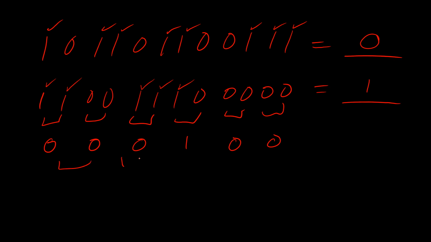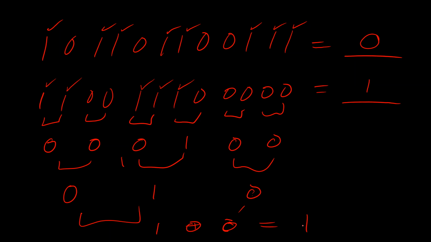Pair them up again. This is 0. This is 1. This is 0. Pairing these, this is going to be 1. Lastly, bring that down, 0. So 1 XOR 0 is 1. So I was able to solve it without even having to do all of the proof.